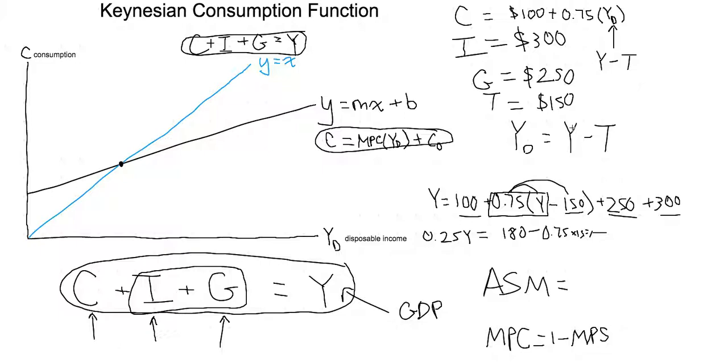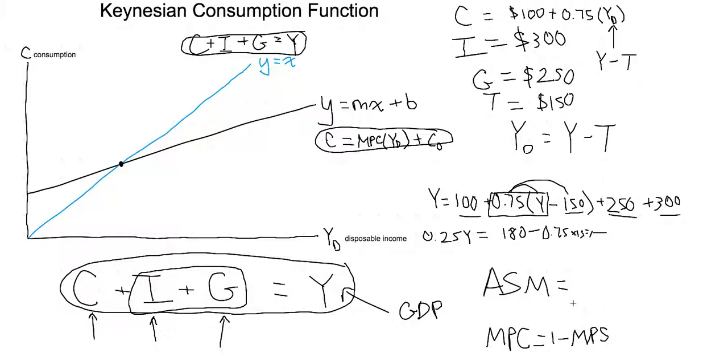It's not like if you add $100 billion to government spending, that'll increase the GDP by $100 billion. No, it doesn't work that way, because it trickles down. And so you have to account for this by calculating the autonomous spending multiplier.